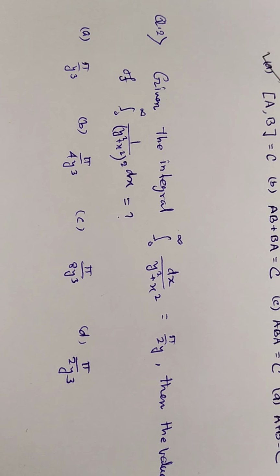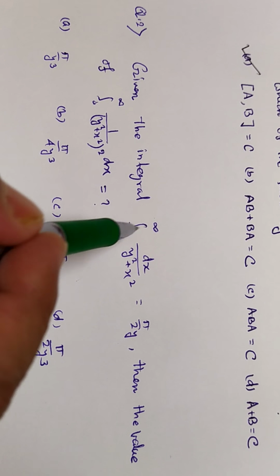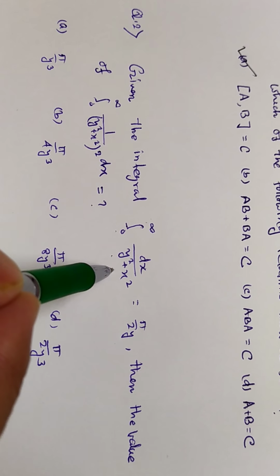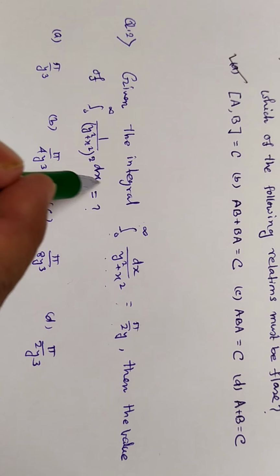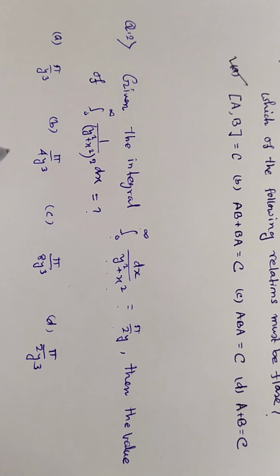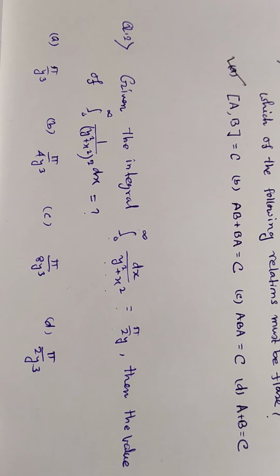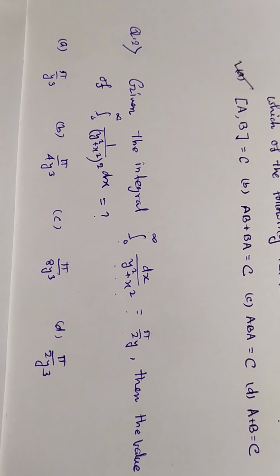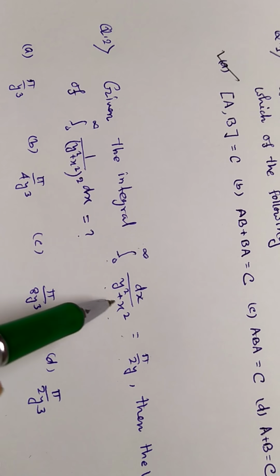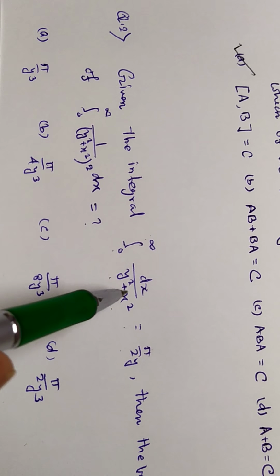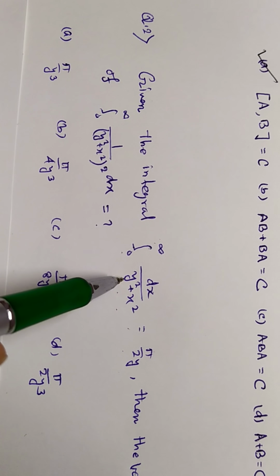that given the integral from 0 to infinity of dx by y square plus x square equals pi by twice y, then the value of this, you have to pick the right one from these four choices. Now if you look at this integration very closely, x is the variable, the integration is done over x, but y is nothing but a parameter.